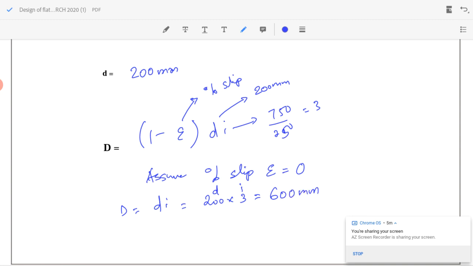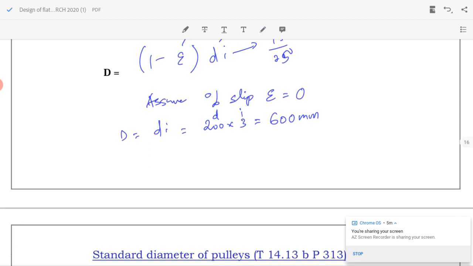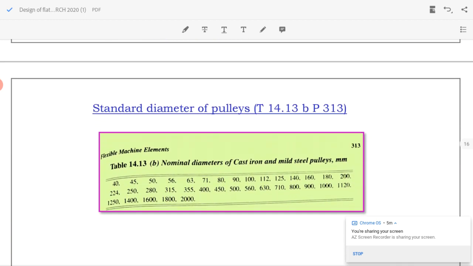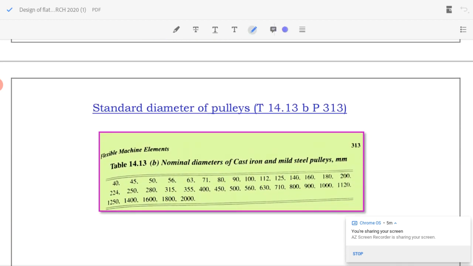Now we have to standardize these values. I have already got small d equal to 200 mm, and checking in table 14.13b, there is a standard value small d equal to 200 mm, so I can directly select that value. For the capital D obtained as 600 mm, from this table I have to select a value which is greater than 600.